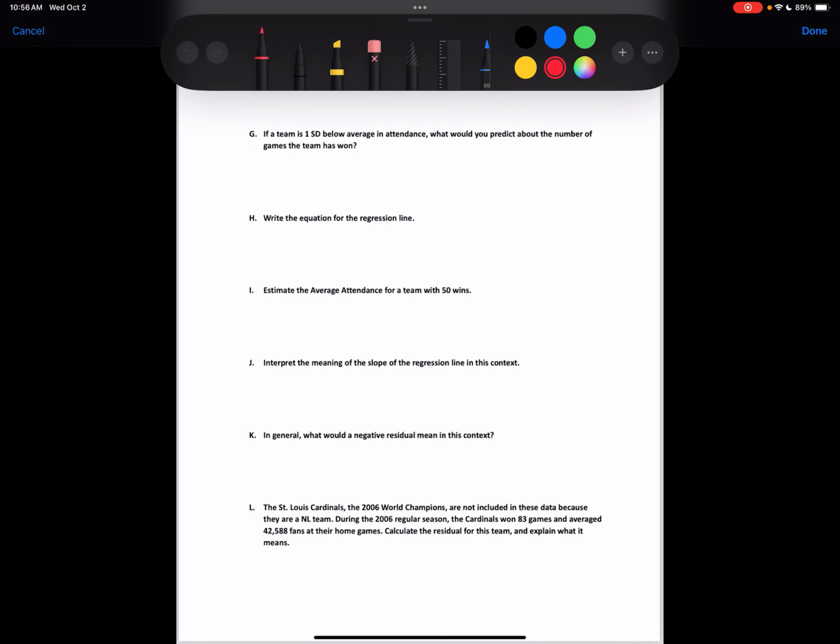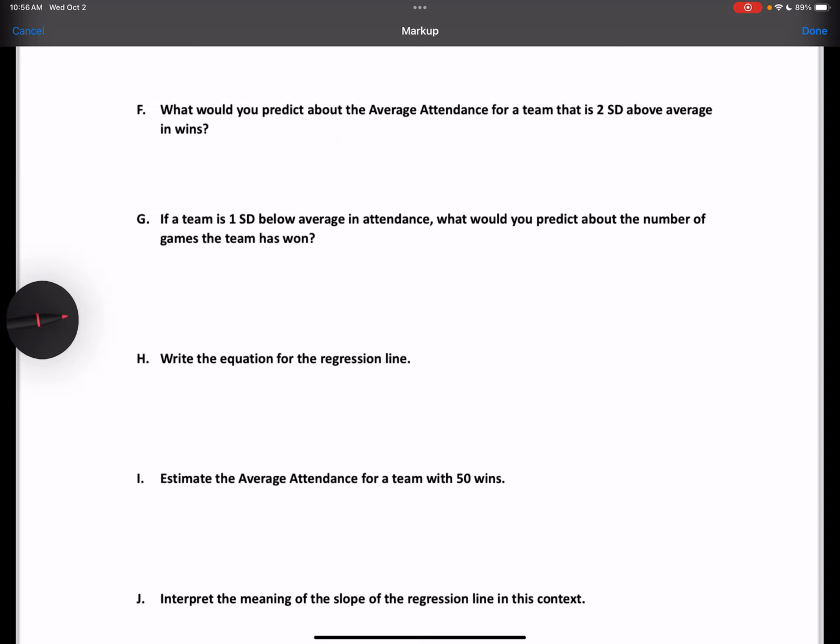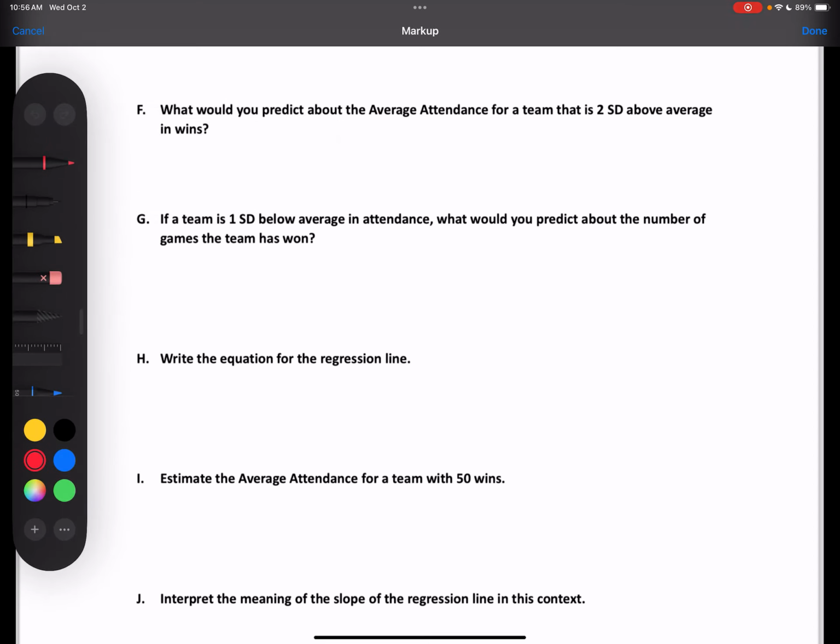Okay. What would you predict about the average attendance for a team that is 2 standard deviations above the average in the wins? This one's going to be a little interesting. We haven't had one like this before. 2 times R is equal to 2 times 0.696, which is going to be 1.393.